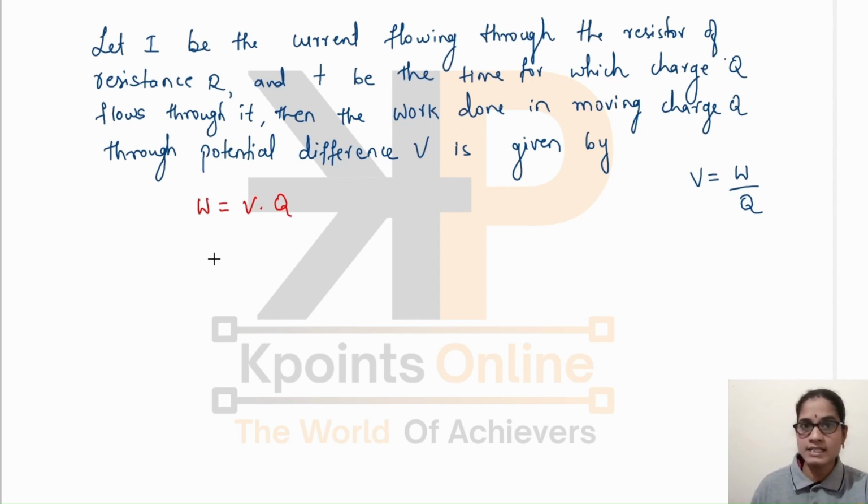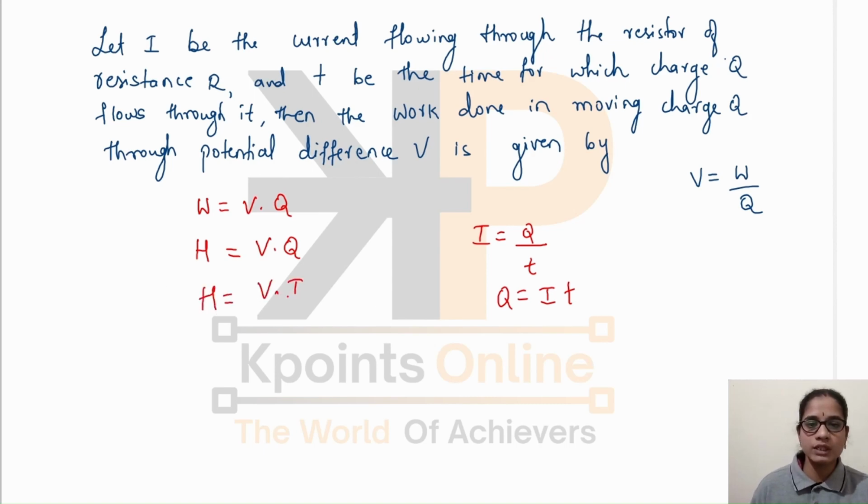As we have learnt in class 9, work is equal to energy. Here we are talking about the heat energy. So let's take here heat H, V into Q. We have learnt that I is equal to Q upon T, so that Q is equal to IT. Substituting this value here, we get H is equal to V into I into T. This is one formula for calculating the heat energy.